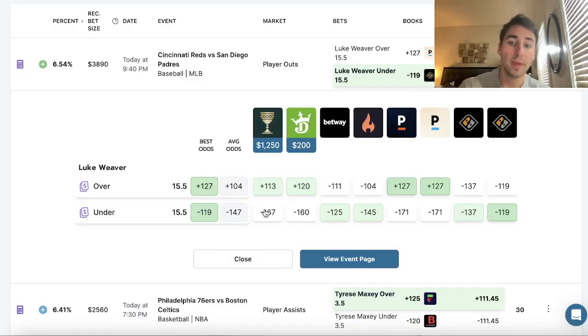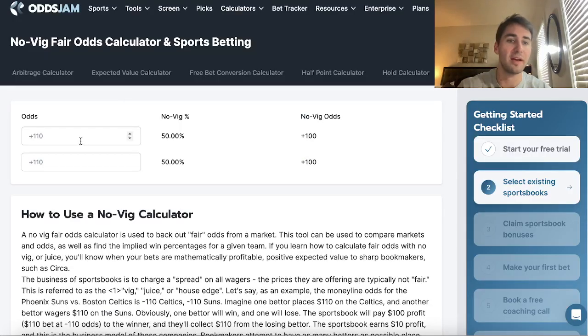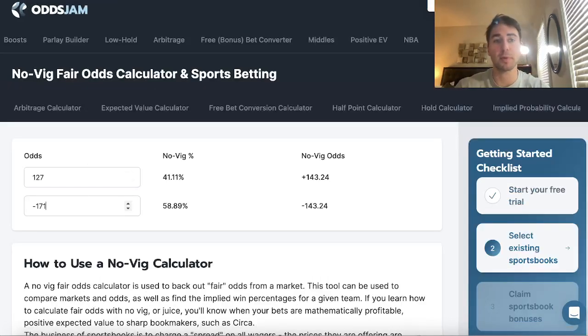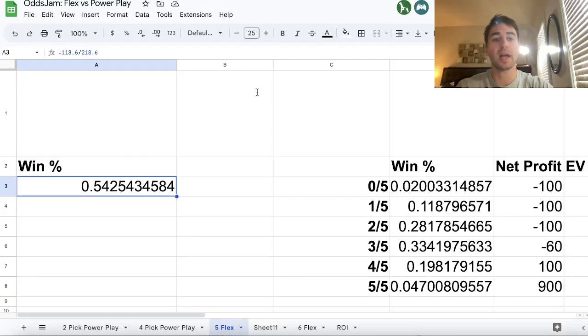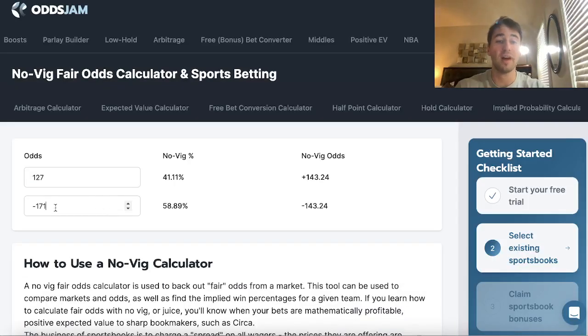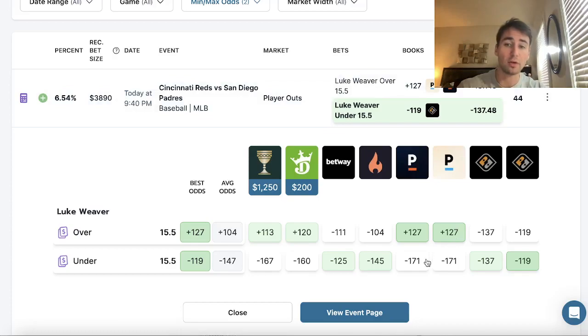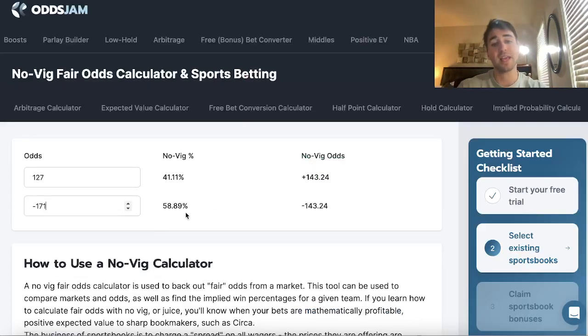Right? Because the sportsbooks have the under so heavily favored, Pinnacle has the under all the way down at minus 171. So according to Pinnacle, the sharpest sportsbook in the world, all we got to do to make money on PrizePicks long term is win 54.25% of our picks. They have the under at minus 171. They're saying the under is 58.89% to occur.